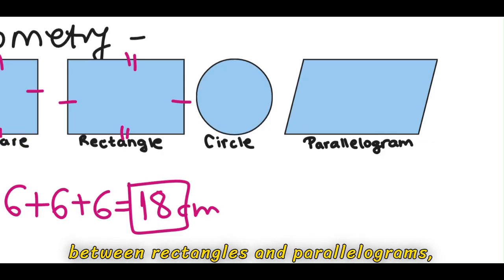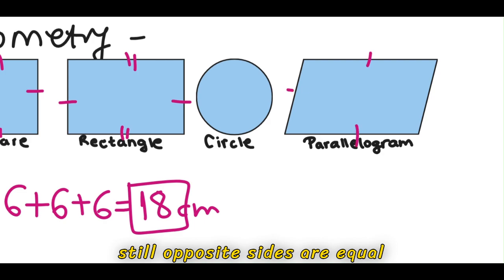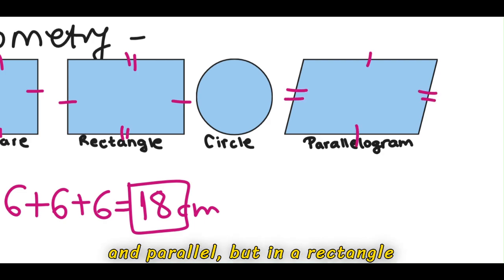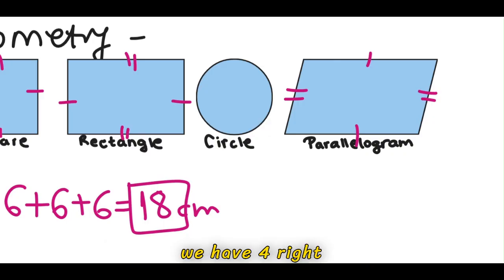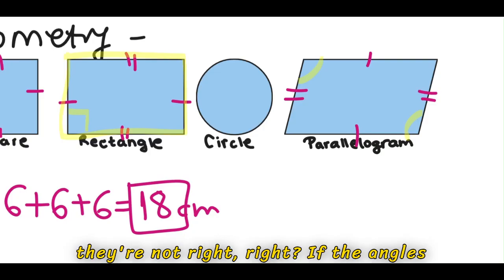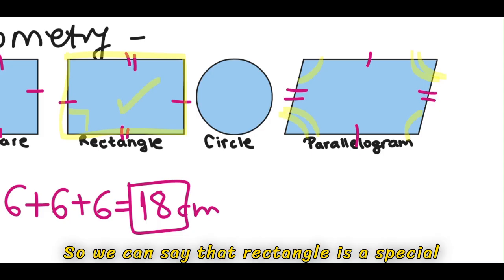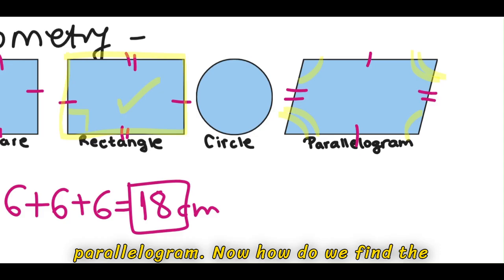The difference between rectangles and parallelograms: still, opposite sides are equal and parallel, but in a rectangle, we have 4 right angles, 4 angles of 90 degrees, while in a parallelogram, only opposite angles are equal, but they're not right. If the angles are right, then we have a rectangle. So we can say that a rectangle is a special parallelogram.